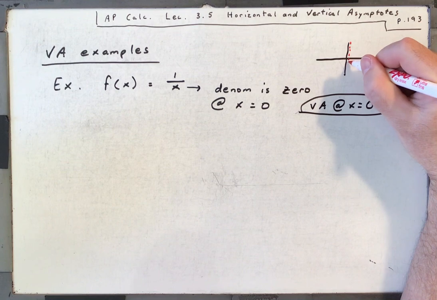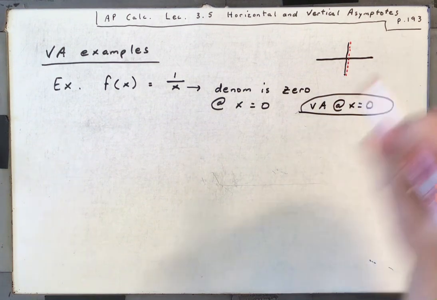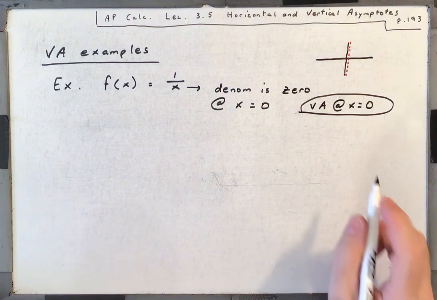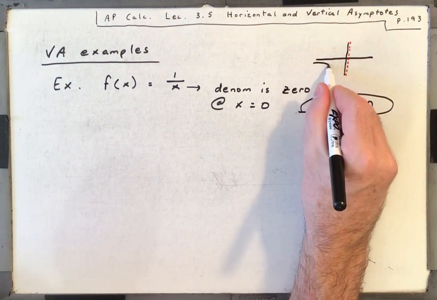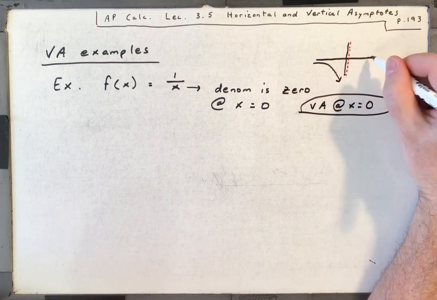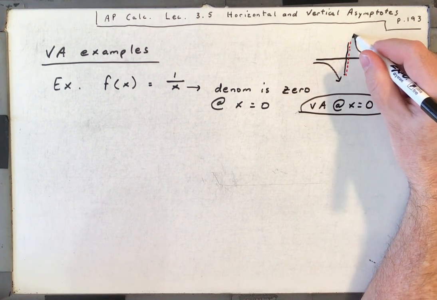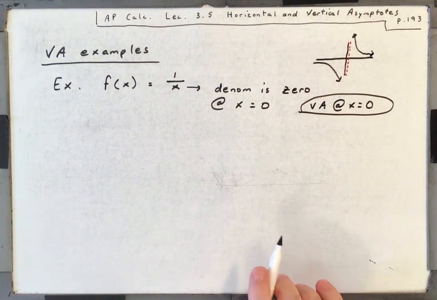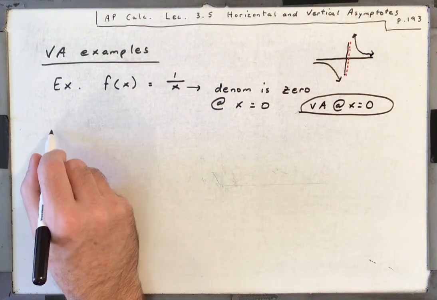So our curve can never cross over the y-axis. So you might have a function that looks something like that, and like that. Okay, next example.